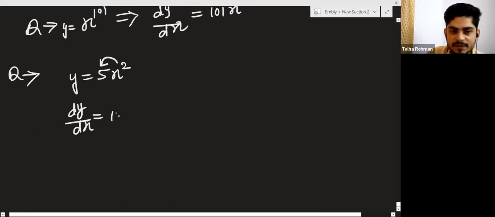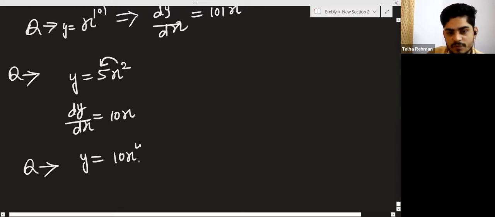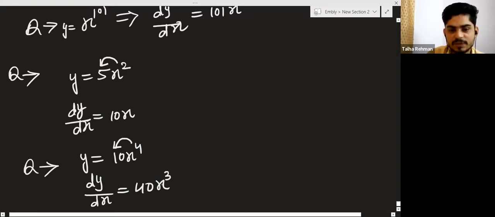This will become 10, and decrease one power of x. So if y is equal to 10 x to the power 4, if you want to calculate dy by dx, then you will multiply this with 10. This will become 40, and decrease one power. This x to the power 4 will become x cube.